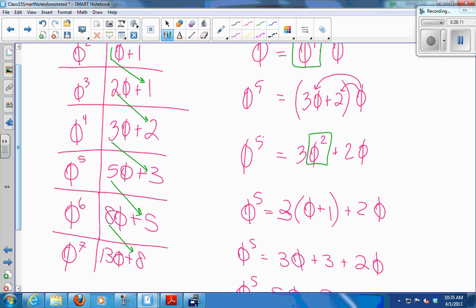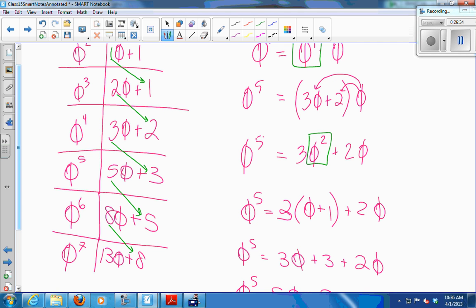In my next one, the thing that gets added would be 13. And my coefficients, the number in front of the phi, go 1, 2, 3, 5, 8, 13. Those are Fibonacci numbers. So are the numbers we add on: 1, 1, 2, 3, 5, 8. Those are Fibonacci numbers.